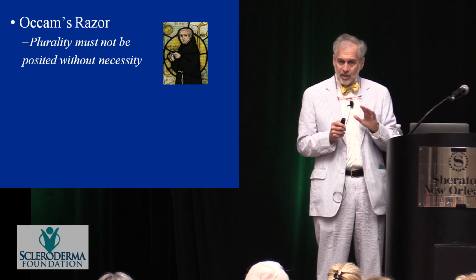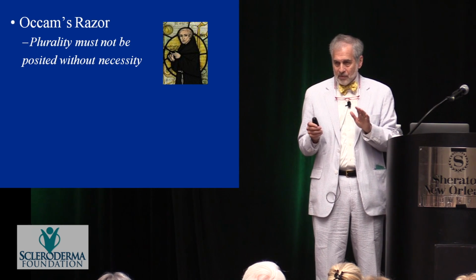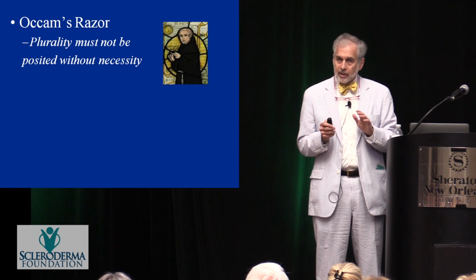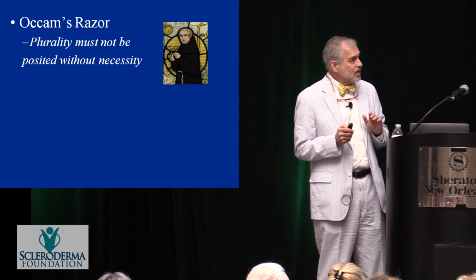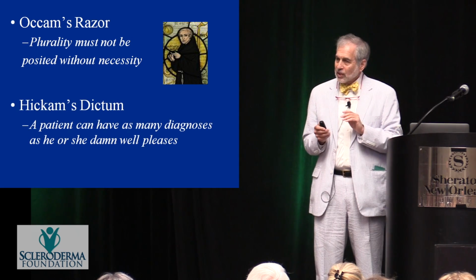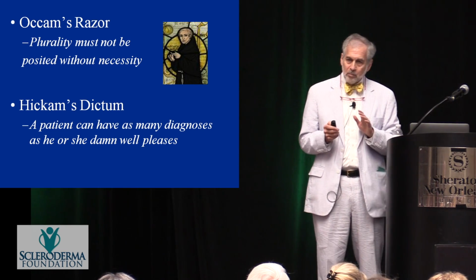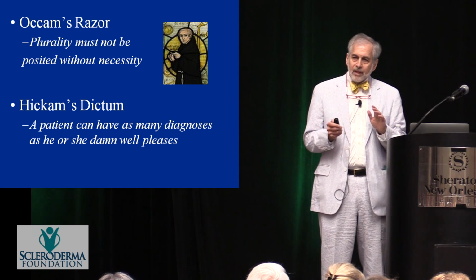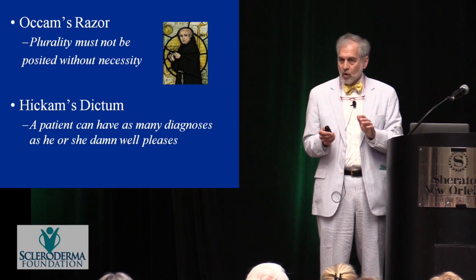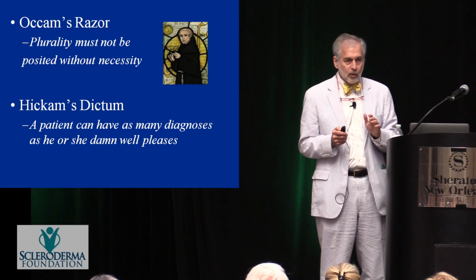That's Occam's razor. It doesn't work very well in our situation when we're trying to figure out why a patient with scleroderma might be breathless. So instead of Occam's razor, I look at Hickam's dictum, which is that a patient can have as many diseases as he damn well pleases. There are many multiple different causes for being short of breath if you have scleroderma.